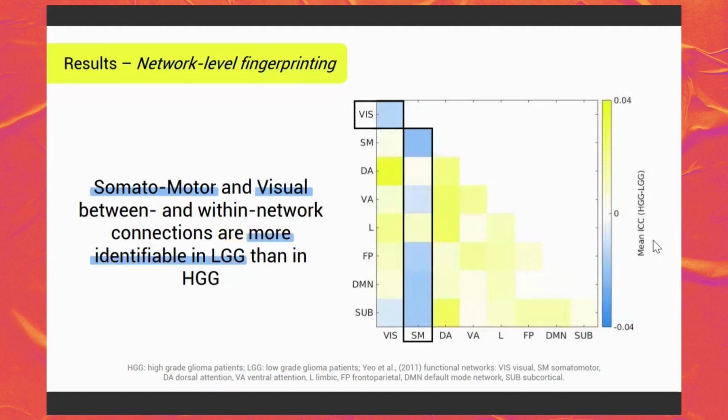On the contrary, somatomotor and visual network connections were more identifiable in low-grade with respect to high-grade patients.